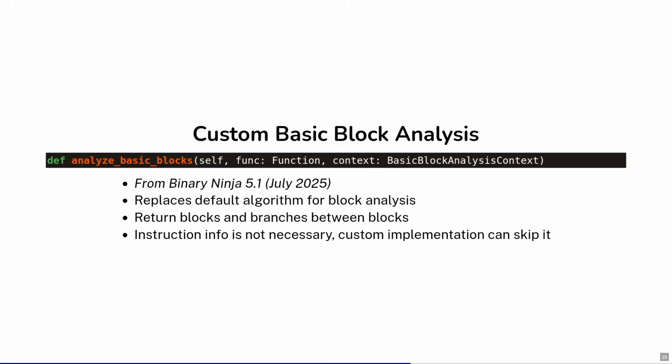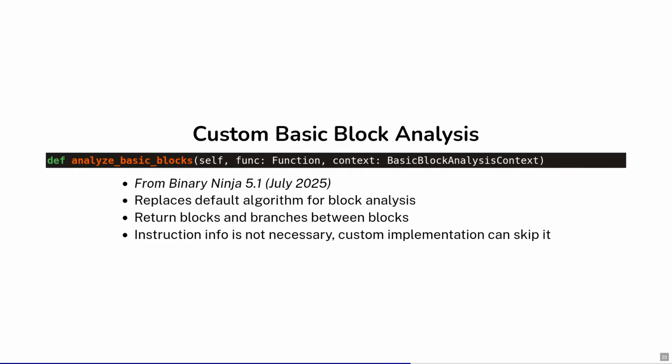If we implement this, then we completely replace the default algorithm that Binary Ninja provided. They kindly open sourced their version, so we can just modify small parts if we want. But this gives us full control over basic block analysis. And we will do this on function level, so for a whole function at a time.